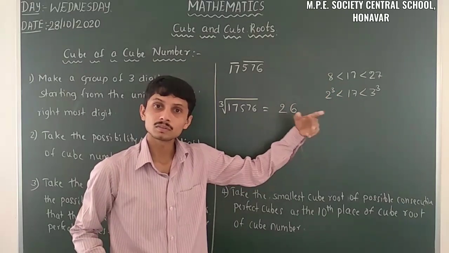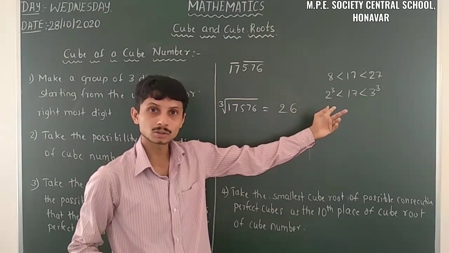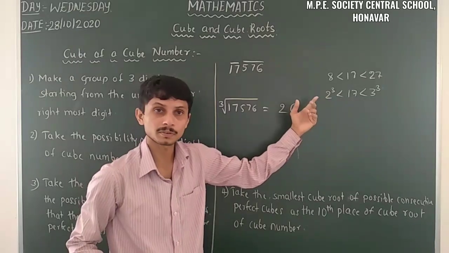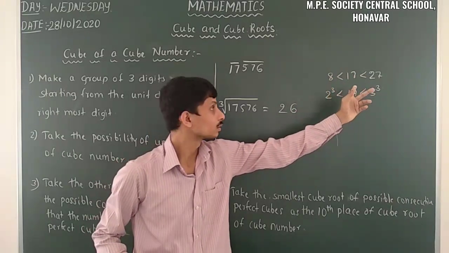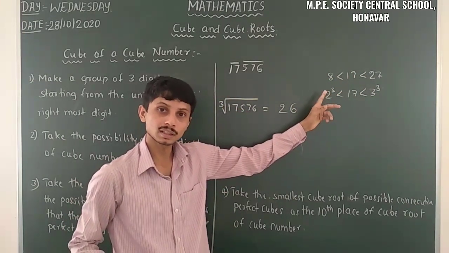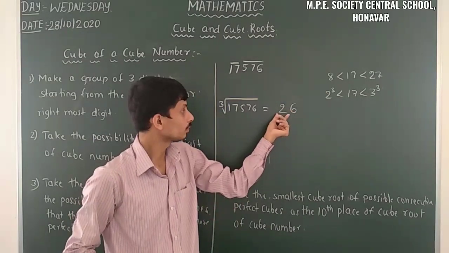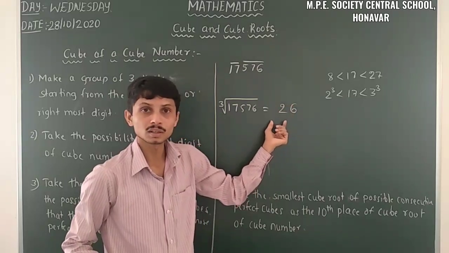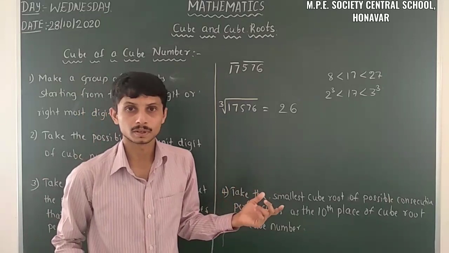So we have 2 as the smallest cube root of the possible consecutive perfect cubes we have taken in between 17. So here we have to take 2 here. So it is the 10th place of that cube root of a cube number.